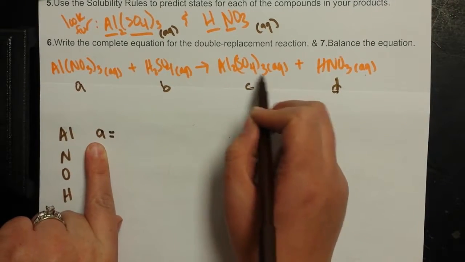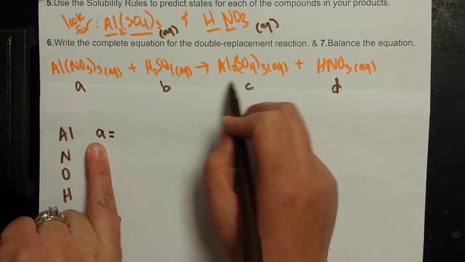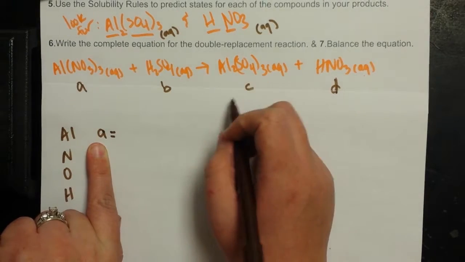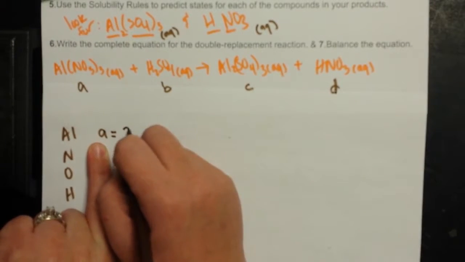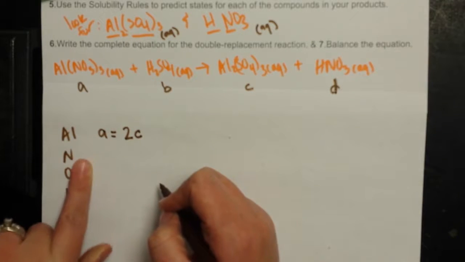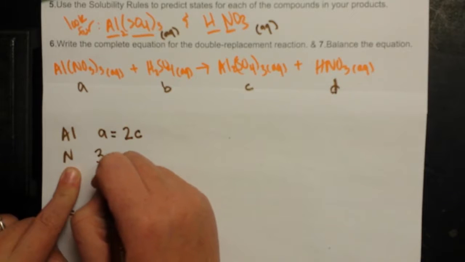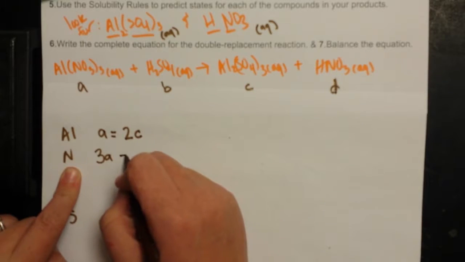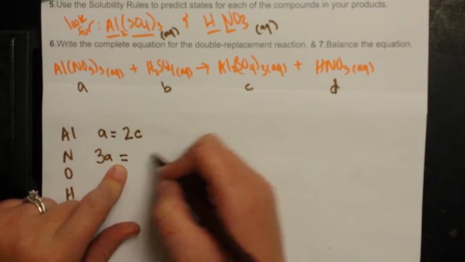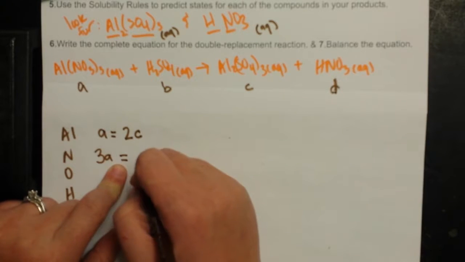So for every one of these aluminum sulfates, or Cs, I should have 2 atoms of aluminum, so I should have twice the value of C. Okay. For nitrogen, I have 3 times however many A, and that's going to equal, due to law of conservation of mass, whatever the value of D is.